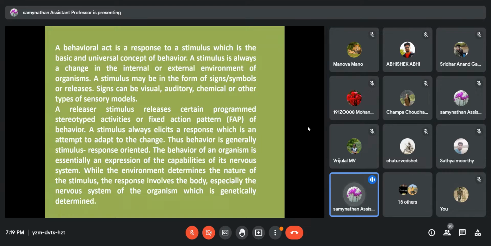This behavior is generally stimulus-response oriented. The behavior of an organism is essentially an expression of the capability of its nervous system. While the environment determines the nature of the stimulus, the response involves the body, especially the nervous system of the organism, which is genetically determined.